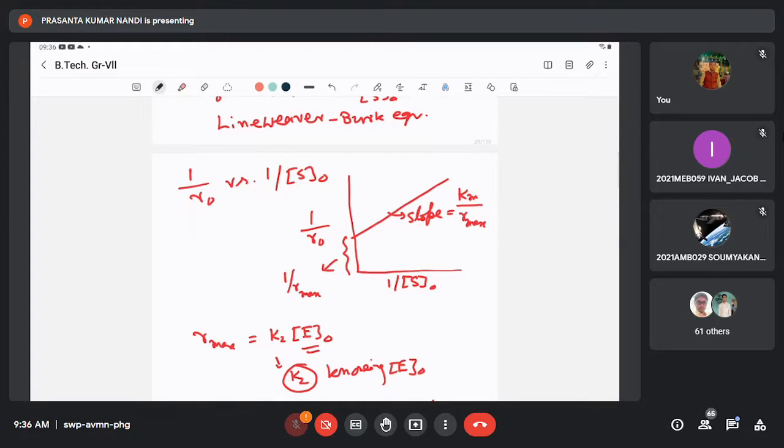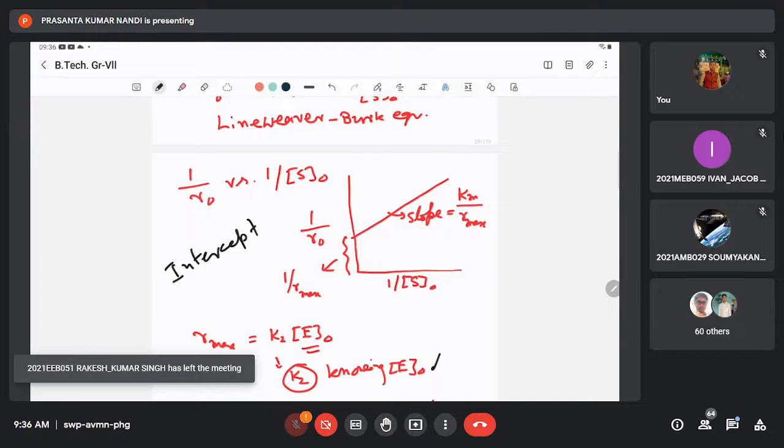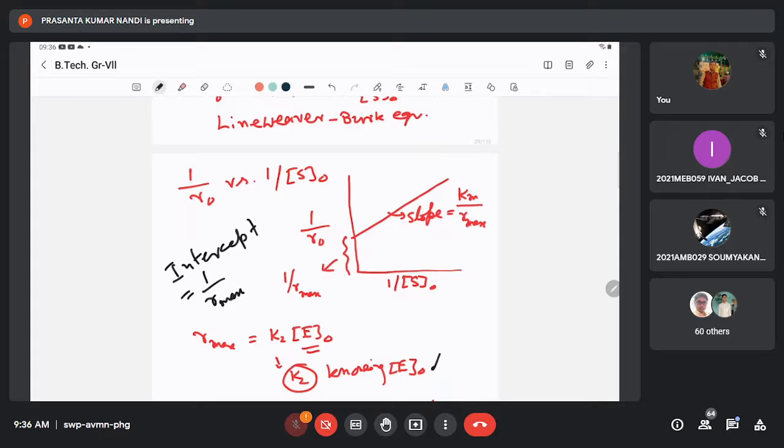So R max equals k2 times E0. If you know the initial amount of E0, then knowing the value of E0, you can easily calculate k2, because the intercept of this graph is equal to 1 upon R max, so the reciprocal of the intercept will give you the R max.